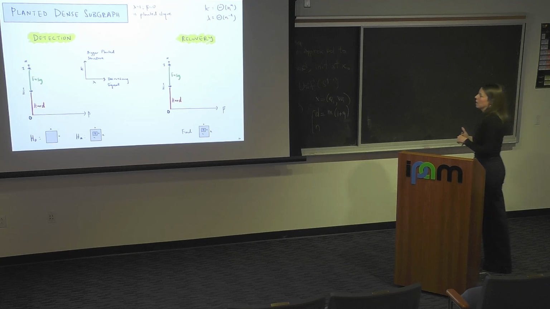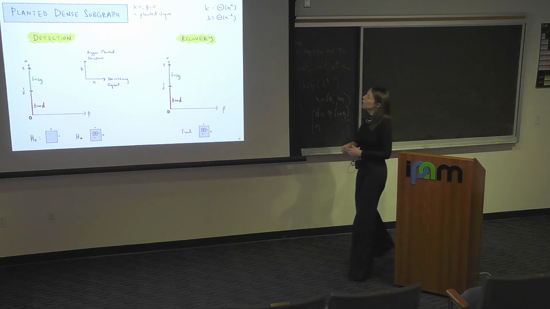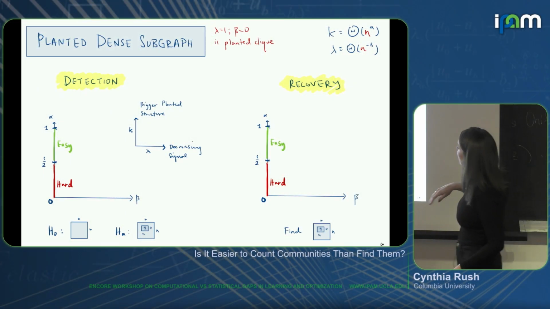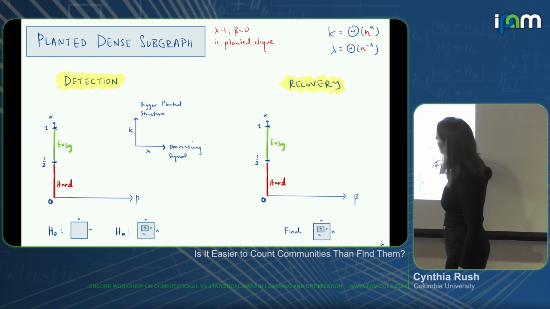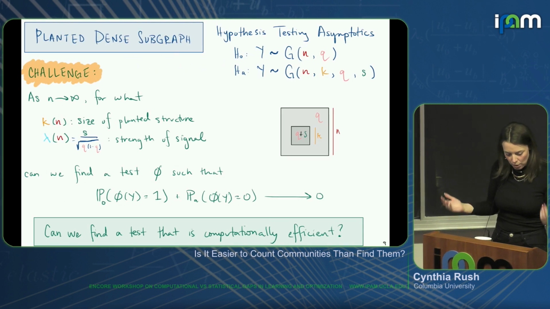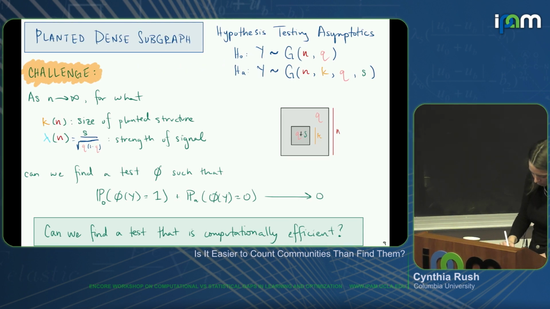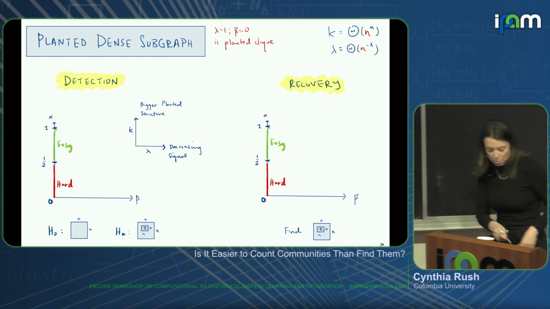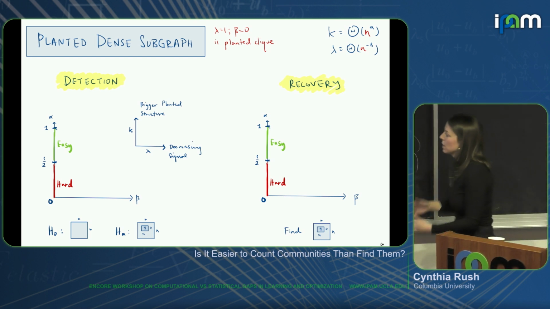The landscape looks like the following. On the previous slide I had these two parameters, and they make up the axes of these phase diagrams.